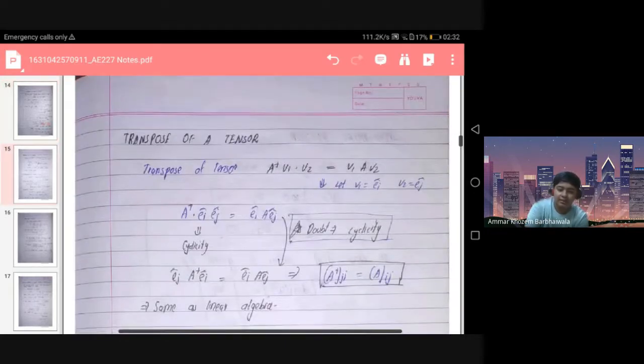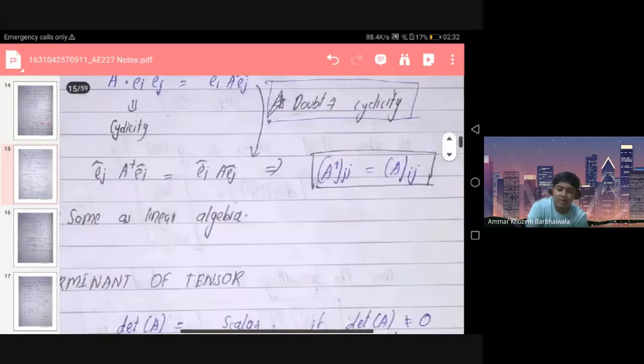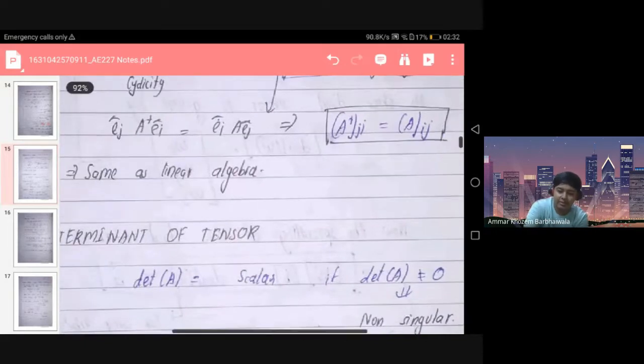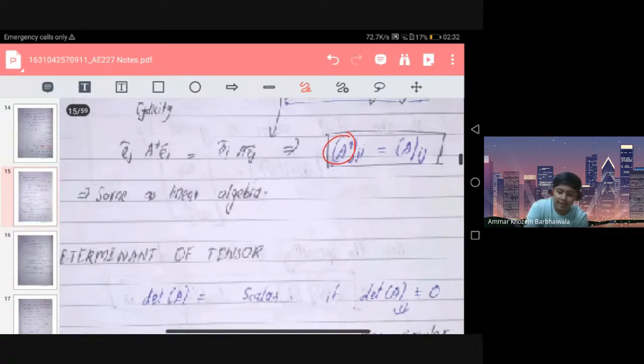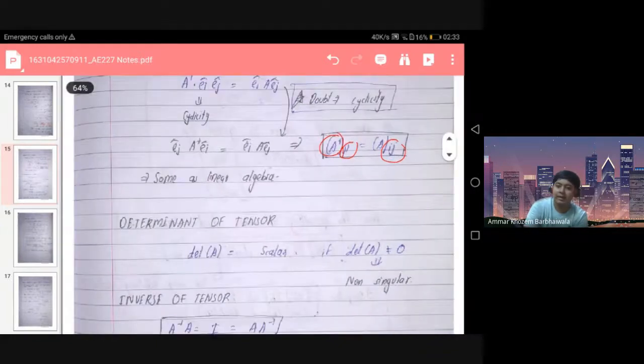As we know, there's also the transpose of this tensor. The transpose is the same as in linear algebra. The ij component of A transpose is equal to A_ji, the same as what we did in linear algebra. This is the basic stuff about matrices and tensors.